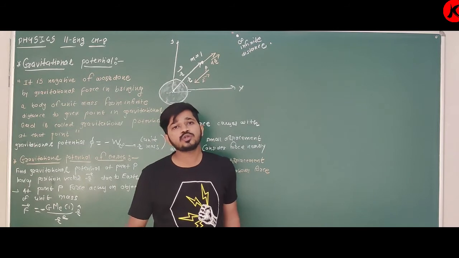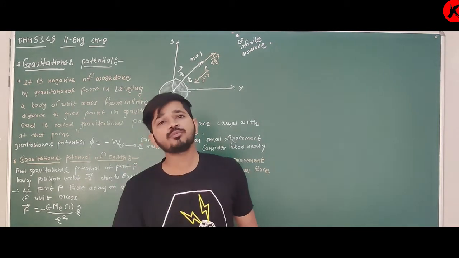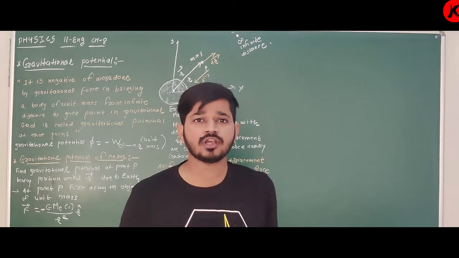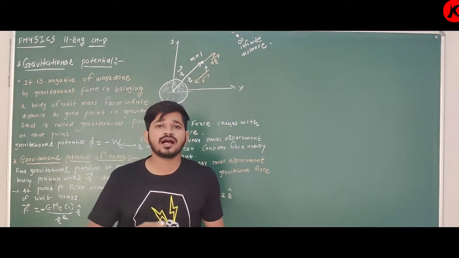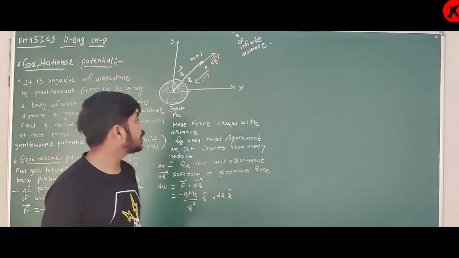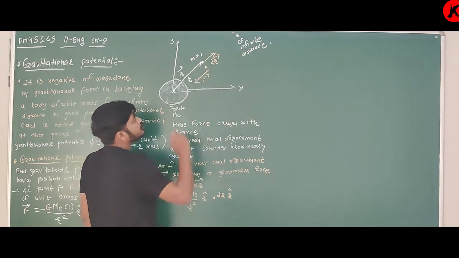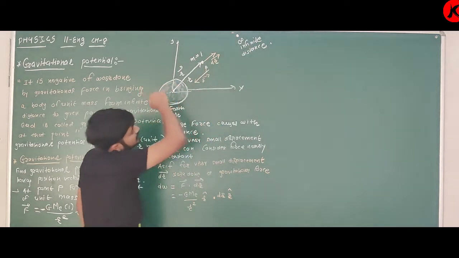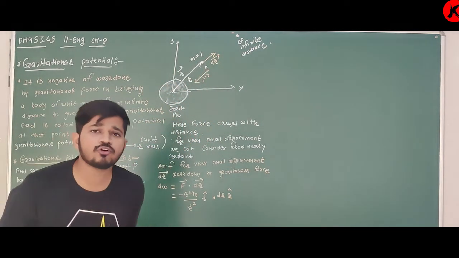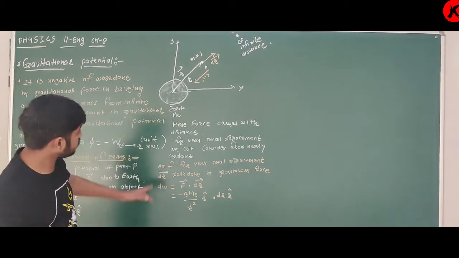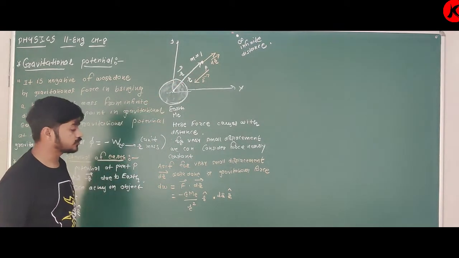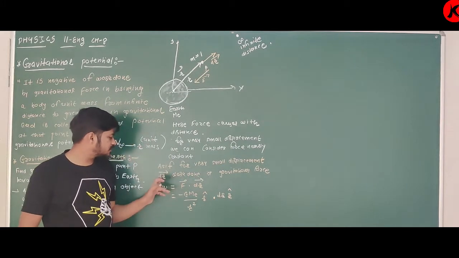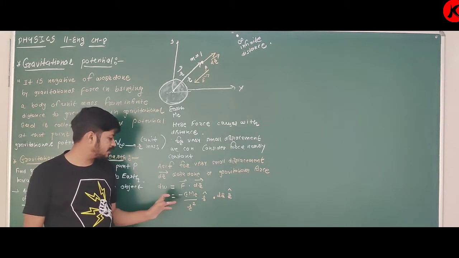But if I want to move the chalk away from Earth, I have to throw it, meaning I have to provide some external force. So to bring a unit mass from point P to infinite distance, we have to do work against this gravitational force. Clear?